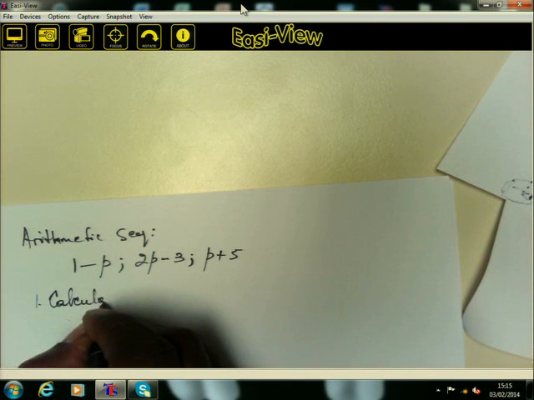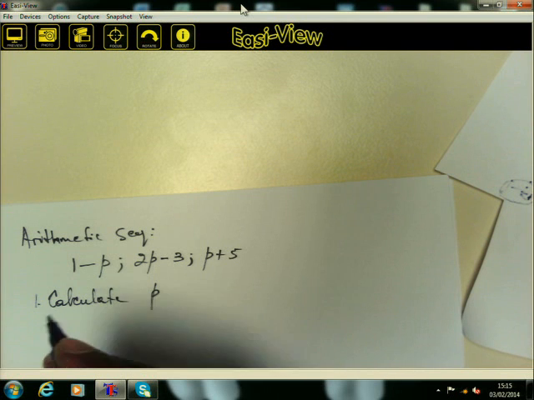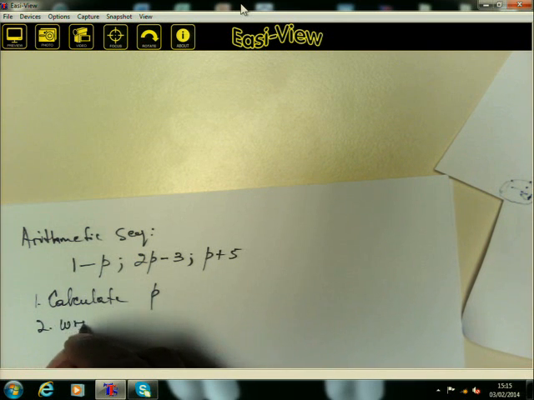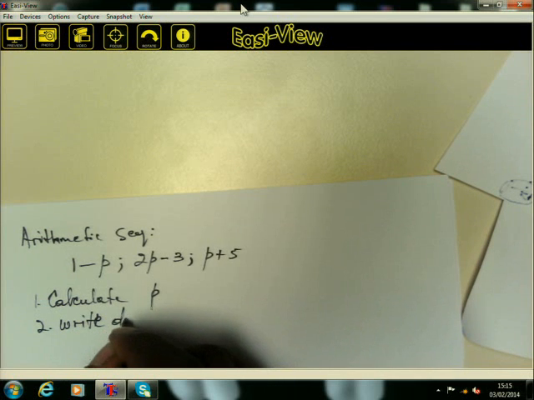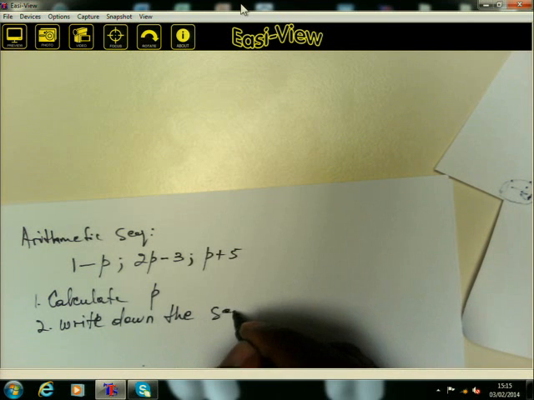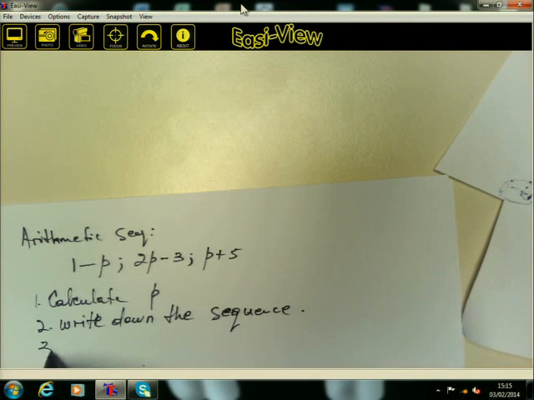We calculate p. Secondly, it can be asked that you write down the sequence. Write down the sequence. Thirdly, it says, what is the common difference?